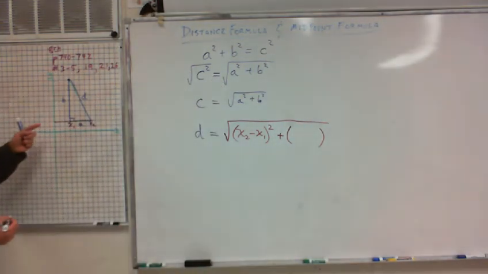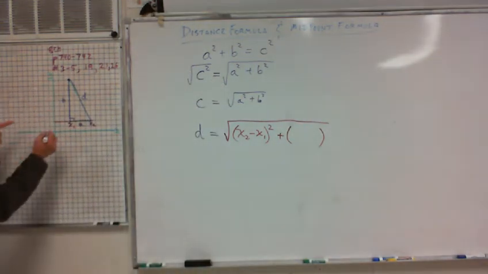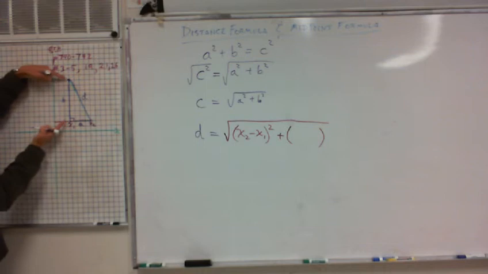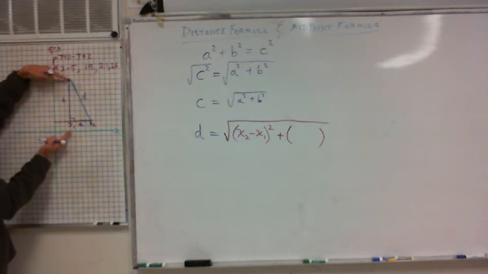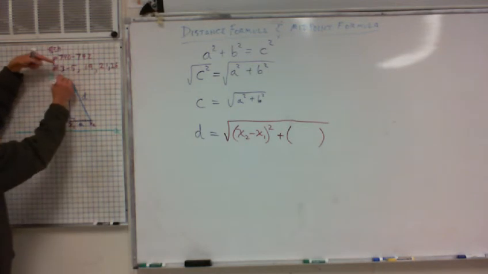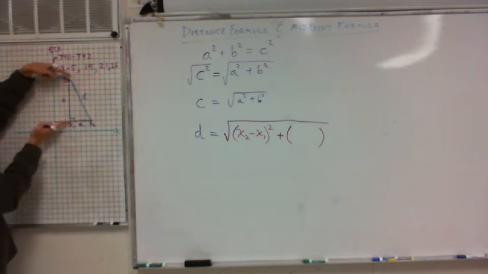And this is going to be, I want to find this distance from here to here. So what I'm going to do is I'm going to say, well, what is the distance from the x-axis to here? That's my y2. Right? You with me? And then if I want to find from here to here, I just have to subtract this distance right here, right?